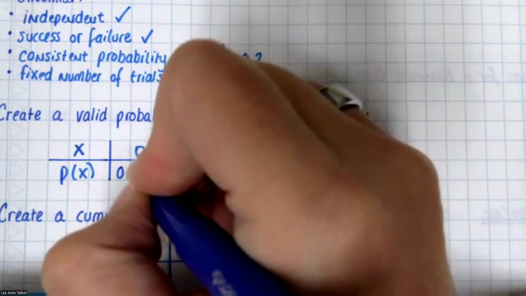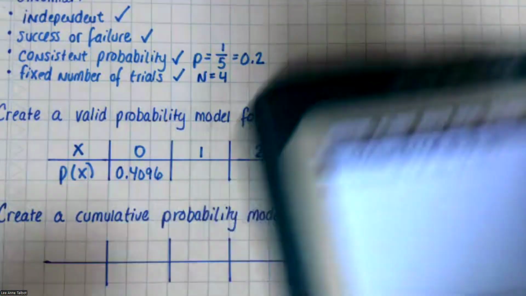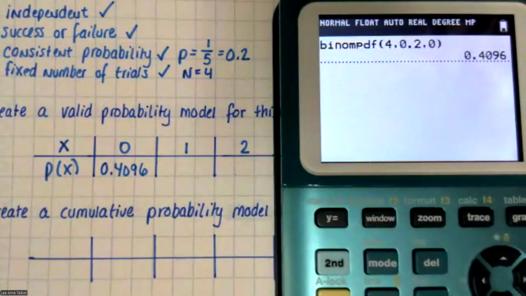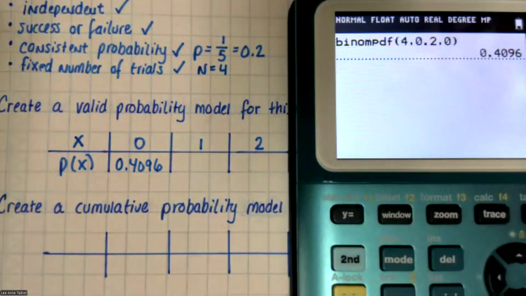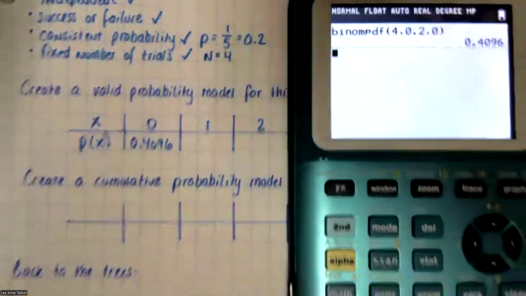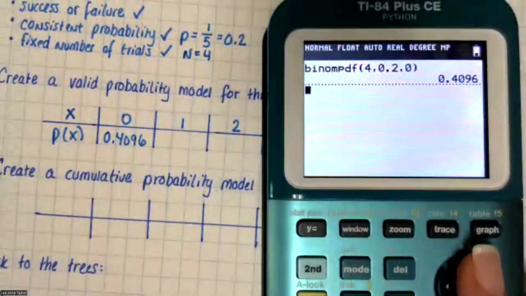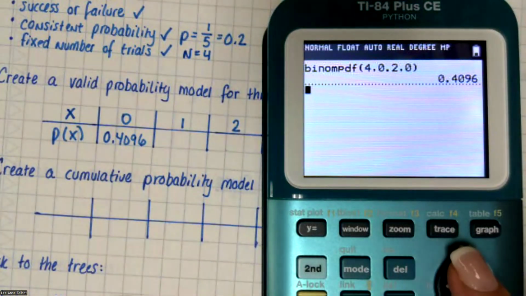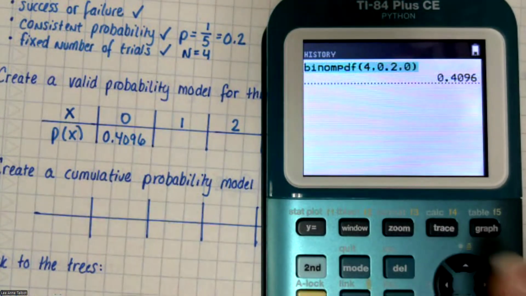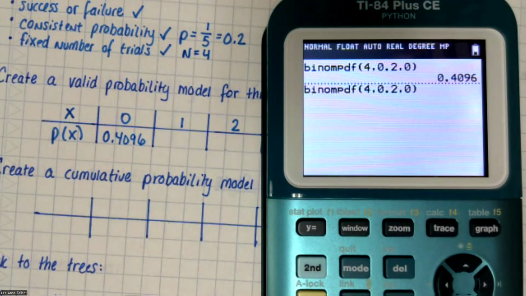0.4096. So there's about a 41% chance that I'll get nothing right, which is not really shocking. Okay, now be smart. Scroll up, enter.